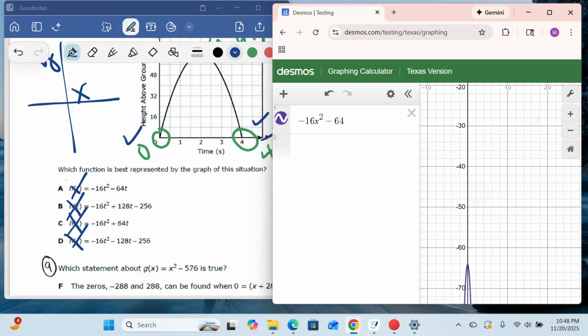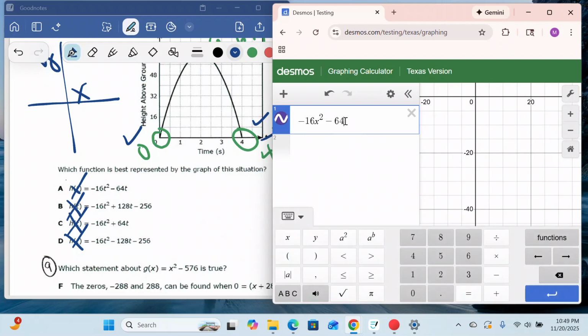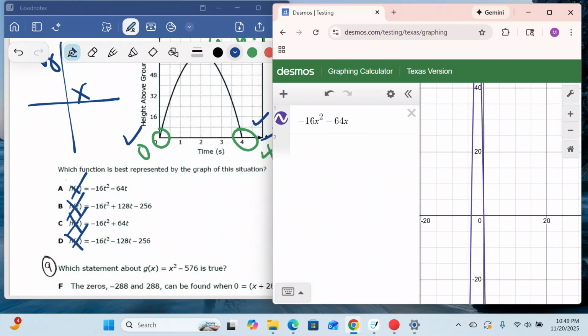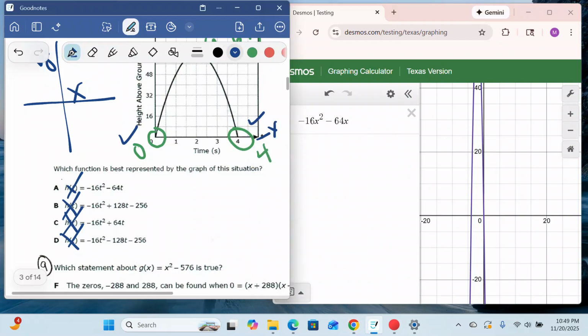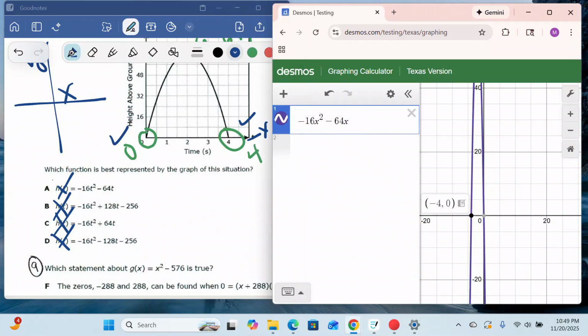So I'm going to find my graph. And what did I do wrong? Of course, I didn't put the x. No wonder it's going crazy. And that is the purpose of making sure that I leave the graph alone. First of all, I'm looking for a graph that has zeros at 0 and 4. So this one has a 0 at negative 4, 0, and a 0 at 0, 0.